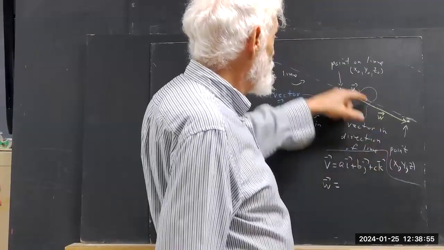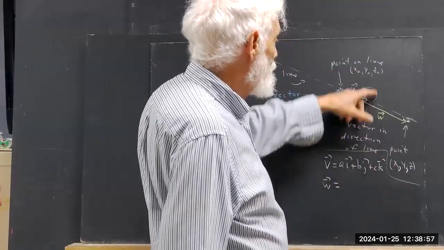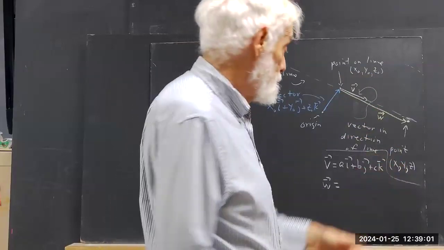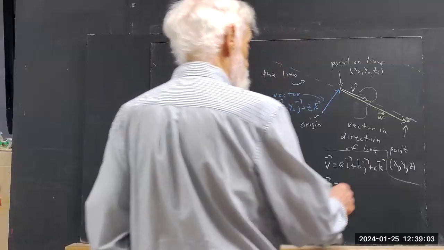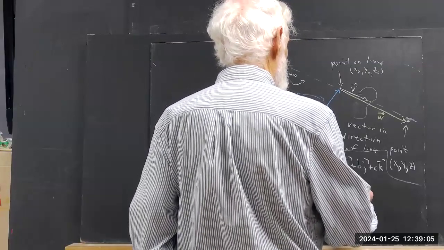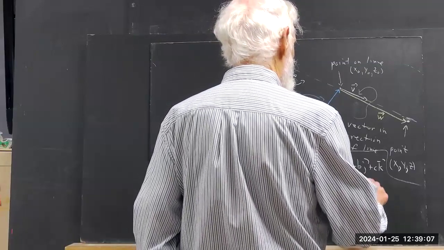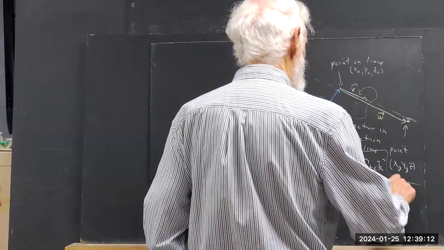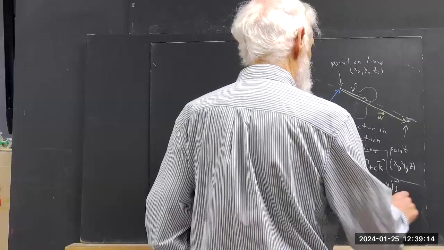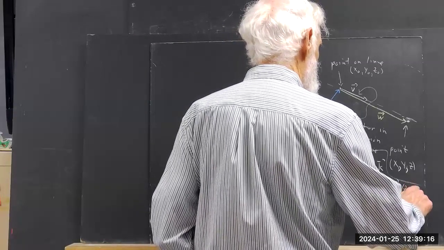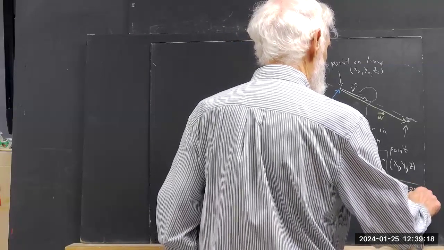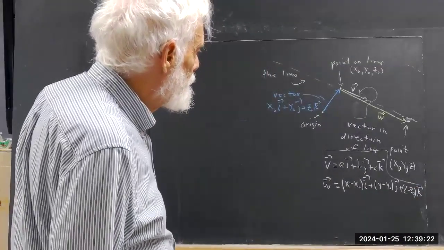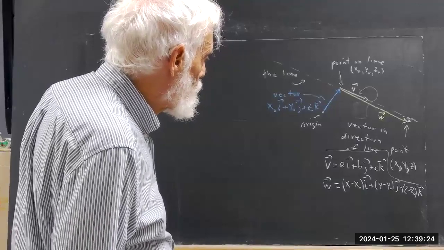And Y has to change from Y naught to Y. And the Z value has to change from Z naught to your general Z. And it follows that W then equals this. Okay.